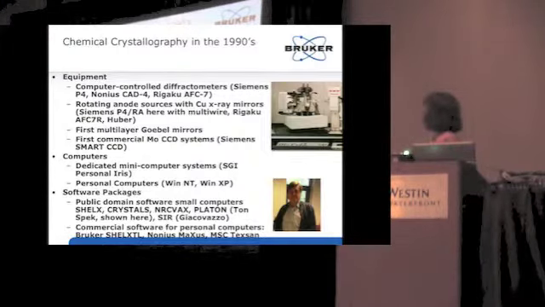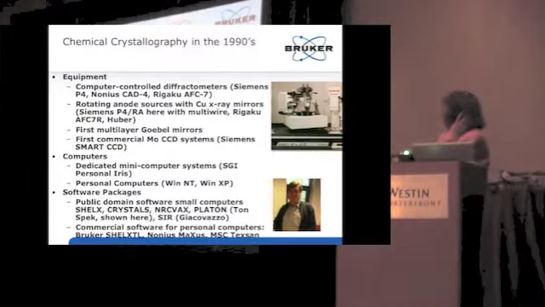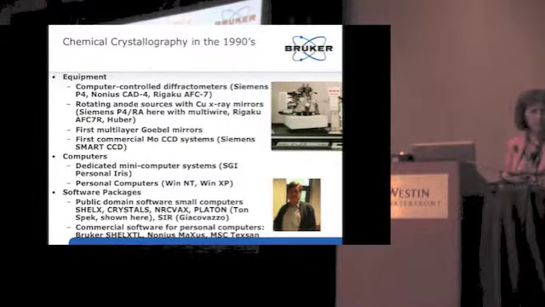The first multi-layer Goebbels mirrors were brought out by Herb Goebbels, our director of research at Siemens, and I think notably for our company, the first commercial CCD system was introduced in '93. Many more PCs, public domain packages, Platon with Tom Speck here, and Jacobazzo's package with Sear, and Shell XTL, Naxos, and Texan coming along with the machines.